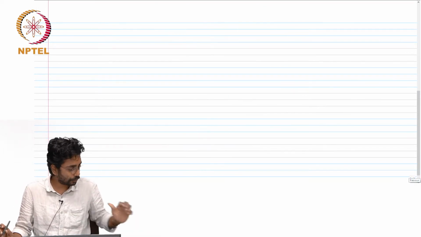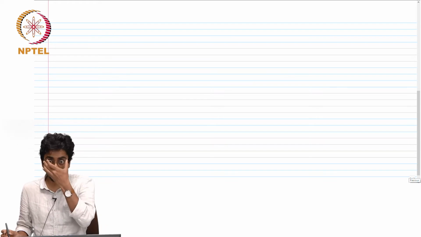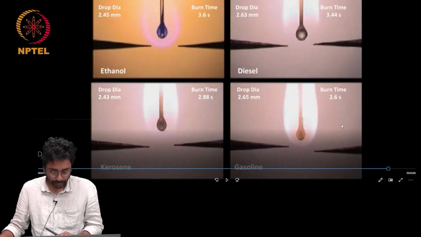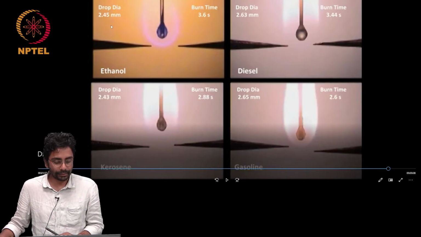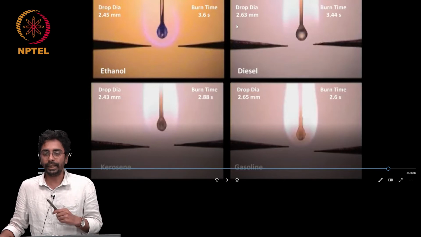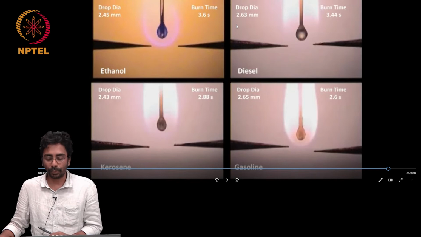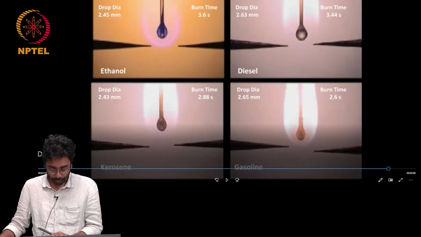Okay. Moving on. Now what I am going to do in this slide is, you recall, maybe I will show it one more time, this slide where what we have compiled is the droplet diameter and the burn time, and what do we know? Burn time goes as d0 squared divided by k. I am going to compile all these numbers in the form of a table.